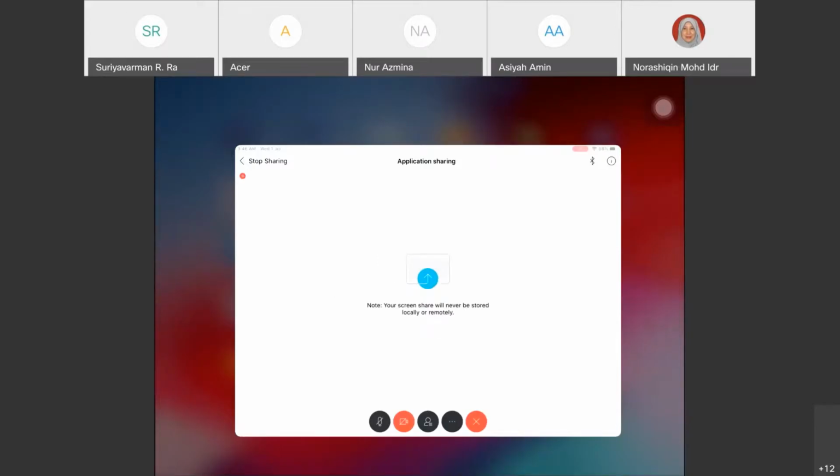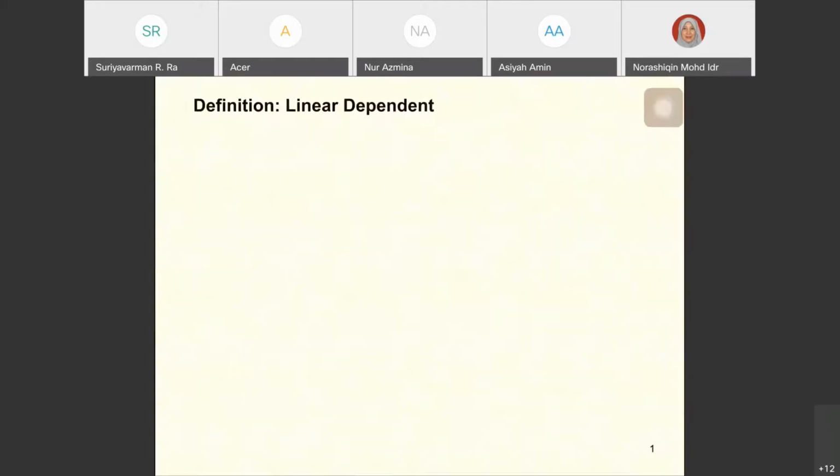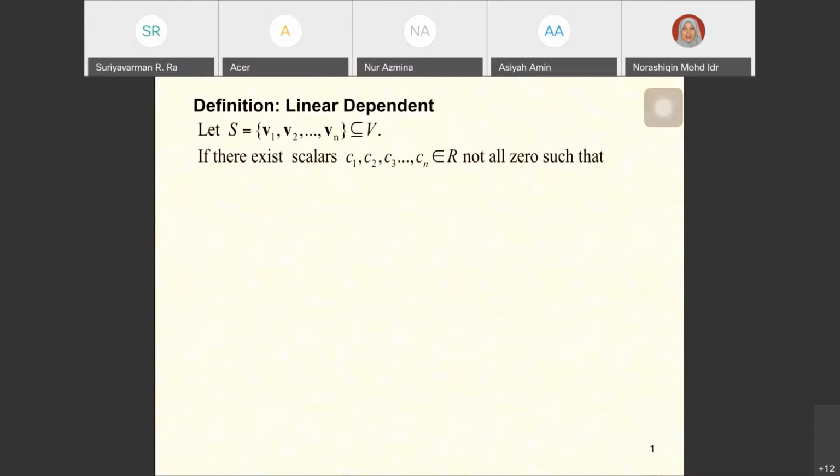Okay. Next, about linear dependent. Dependent means does not depend on anyone. Okay, that's what it means. Okay, let S be a set that contains all the vectors and S is a subset of big vector B. If there exist scalars C1, C2, C3, up to Cn, not all zero, such that C1 V1 plus C2 V2 plus and so on equal to zero vector. That means 0 V1 plus 0 V2 plus 0 and so on.